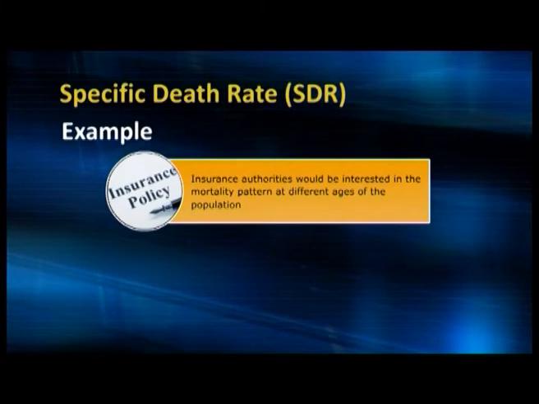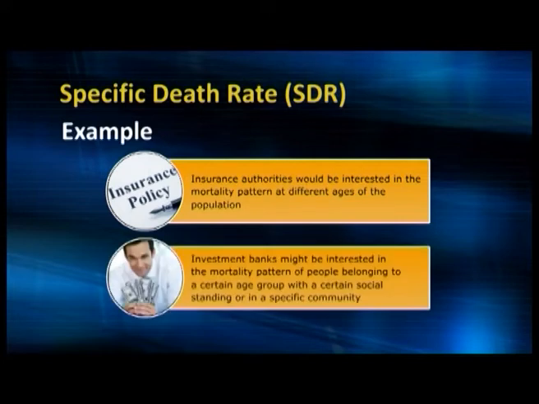Insurance authorities would be interested in the mortality pattern at different ages of the population. Investment banks might be interested in the mortality pattern of people belonging to a certain age group with a certain social standing or in a specific community.